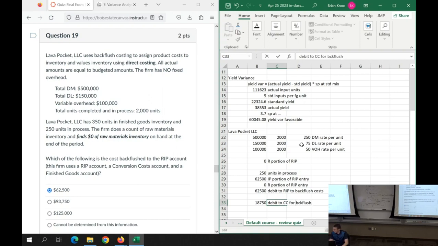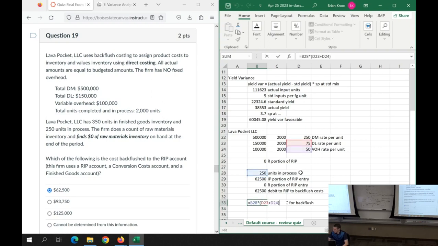So the units in process times both those rates, conversion costs are DL and VOH. So the units in process times the sum of these two rates.